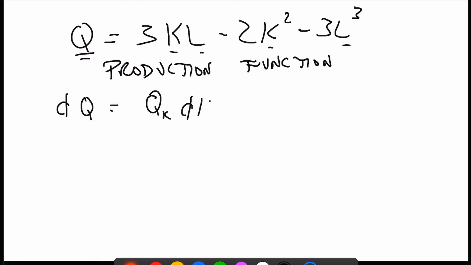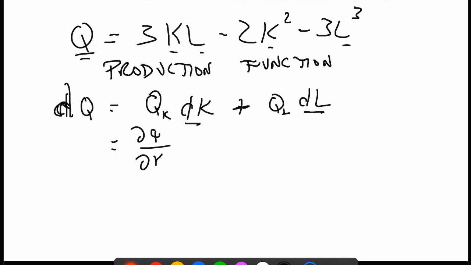What is that? Well, this is the change in output for changing the amount of capital and changing the amount of labor involved. And so I can find the partials. This is the partial of Q with respect to K, and this is the partial of Q with respect to L. We have a name for this and a name for that.